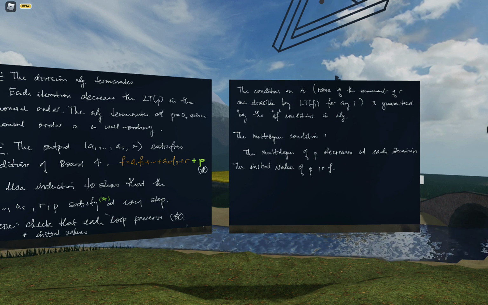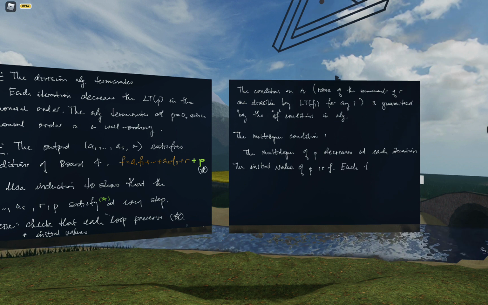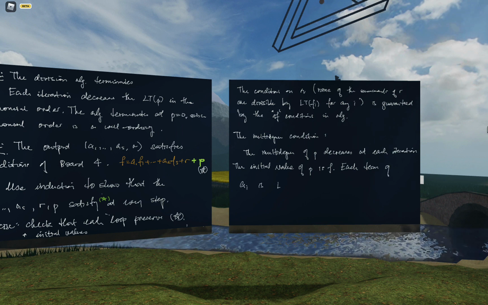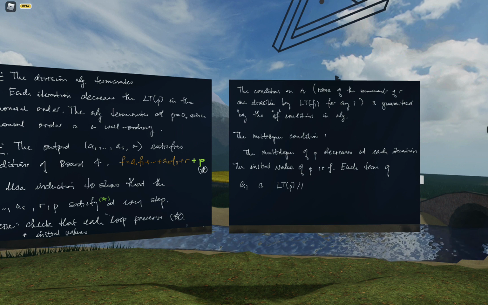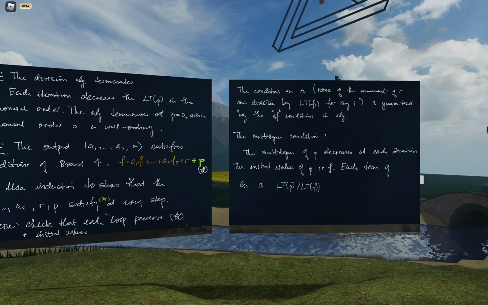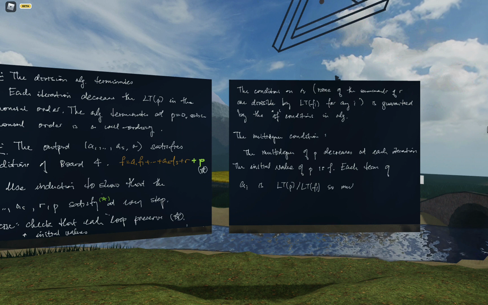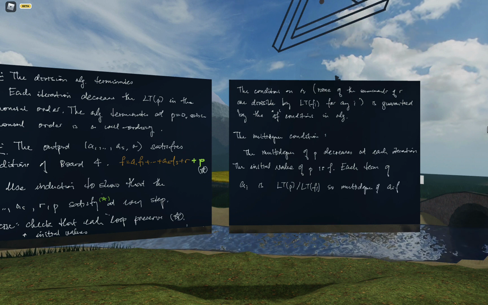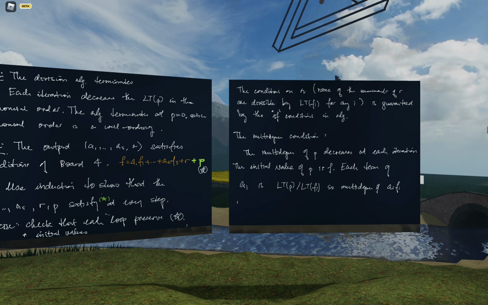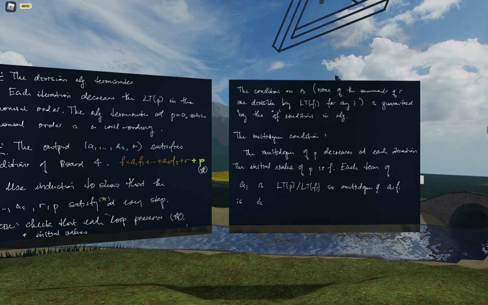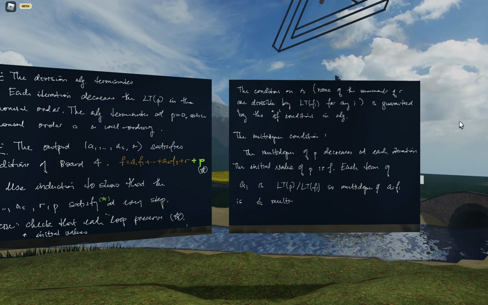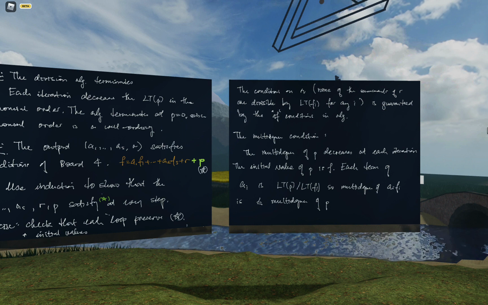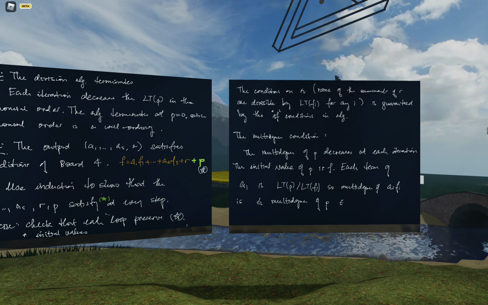So each term of A_i is some LT(P) over LT(F_i), so the multi-degree of A_i F_i is less than or equal to the multi-degree of F. Maybe I should write brackets, but yes, multi-degree.